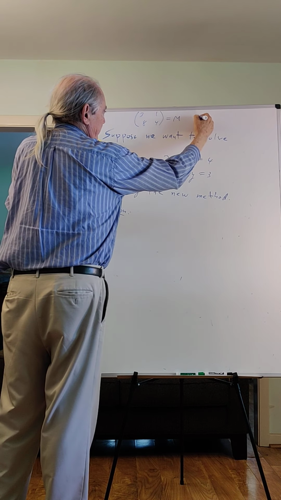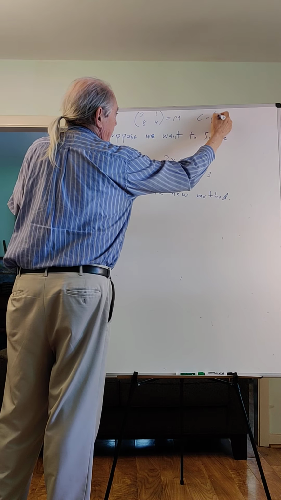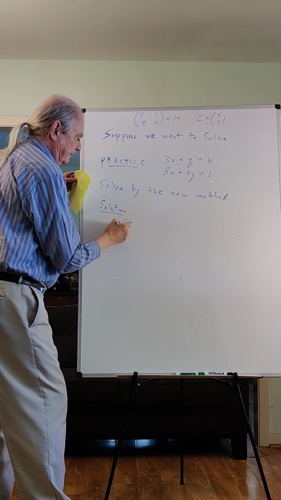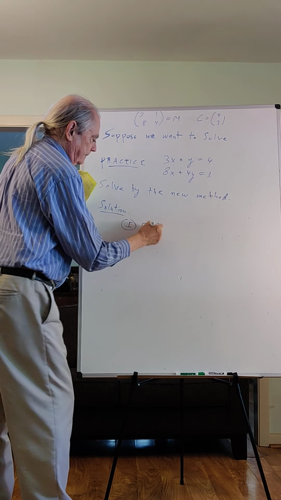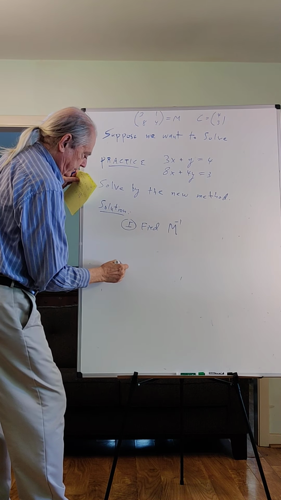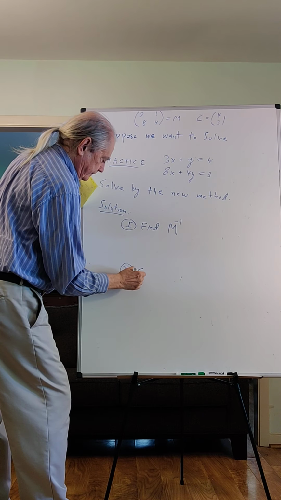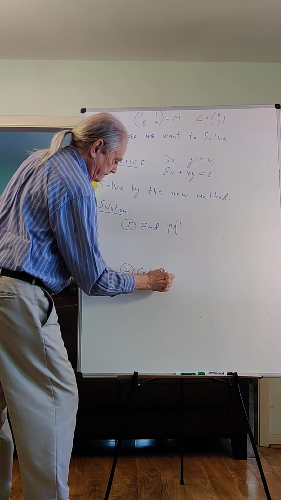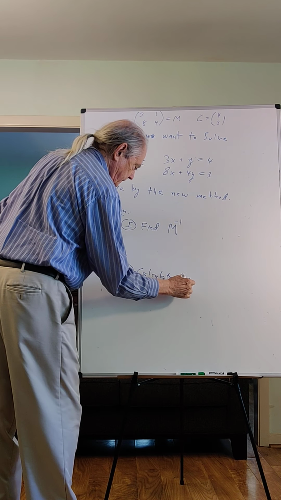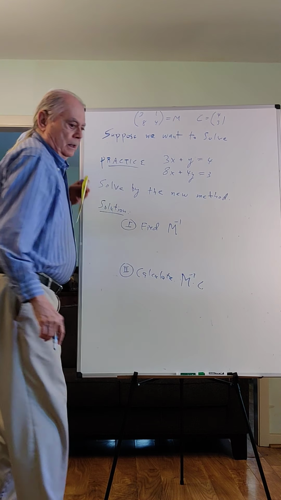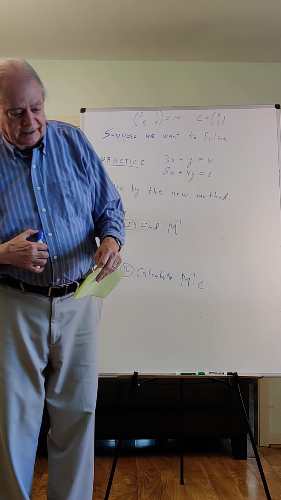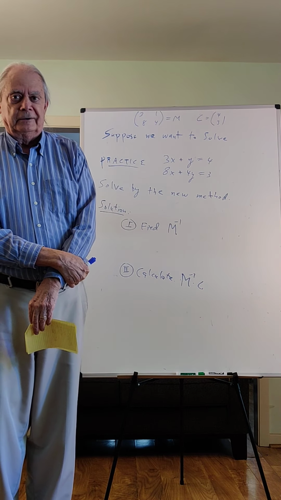And you have the vector of constants here. So the first thing you do is find M inverse. And then the second thing you do is you calculate M inverse times C, and that'll give you your answer. Okay, so now you should freeze the video and work this out. I'm going to stop for just a second or two.